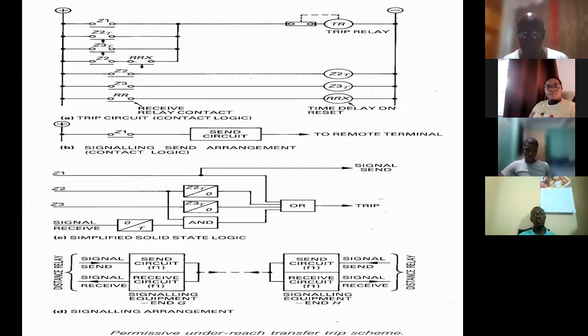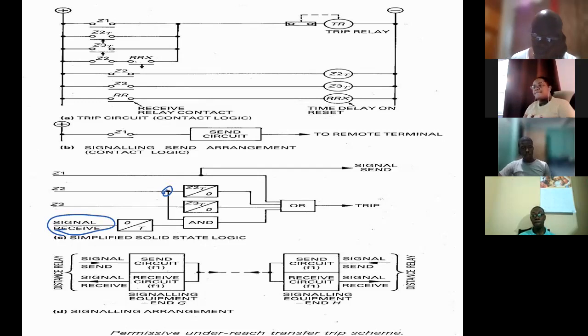All right? So let's look at the permissive underreach. Down here, this is the instantaneous zone 2. Yes? And this is the receive signal. Now, for the receive signal, there's a little addition to this.